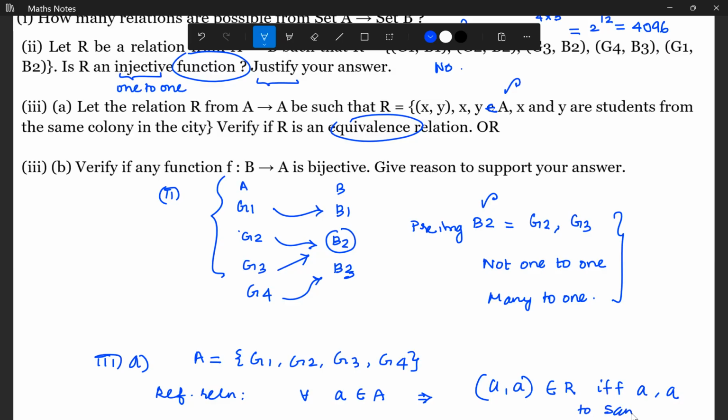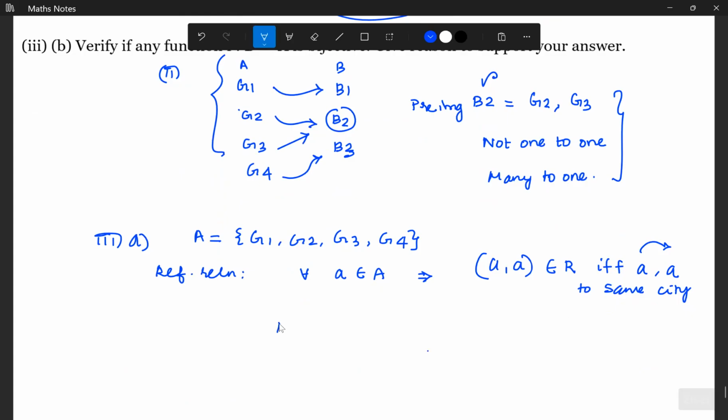Definitely a and a will belong to the same city. A is going to be in the same city as A himself or herself, correct? So definitely it's a reflexive relation.